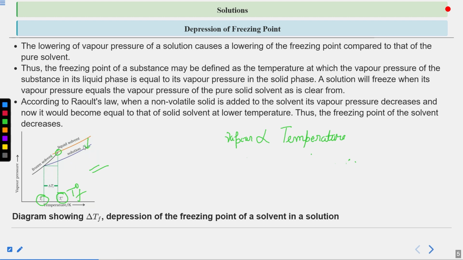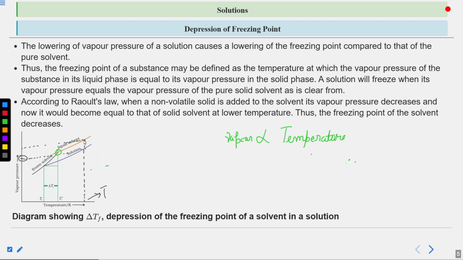You can see it very clearly from this graph that the vapor pressure of the solvent is decreased at the same temperature. If I just try to make things clear here, let me drop a point. Suppose this is temperature T. At this same temperature, the solution has a vapor pressure here, but the solvent has a higher vapor pressure at the same temperature, right?